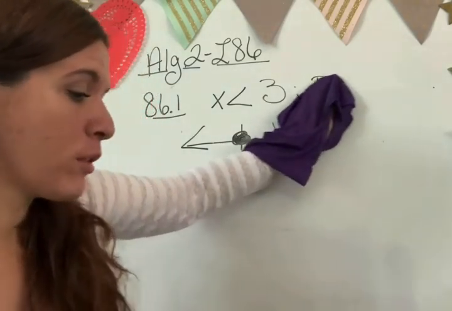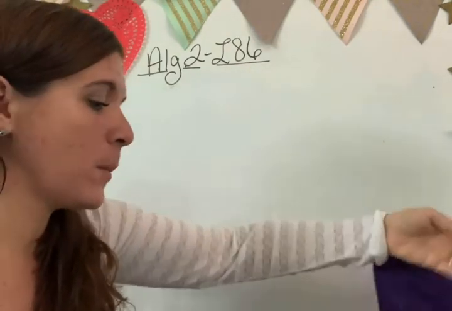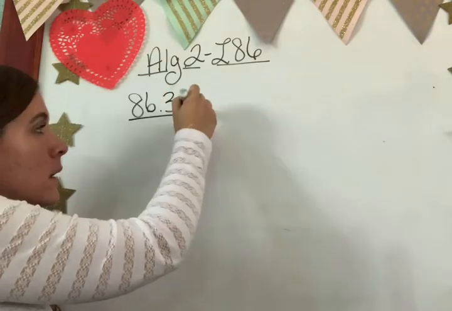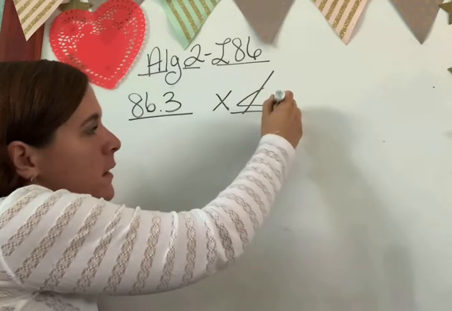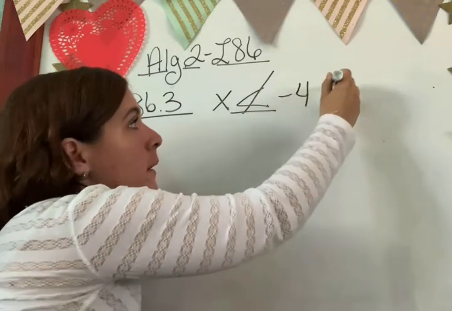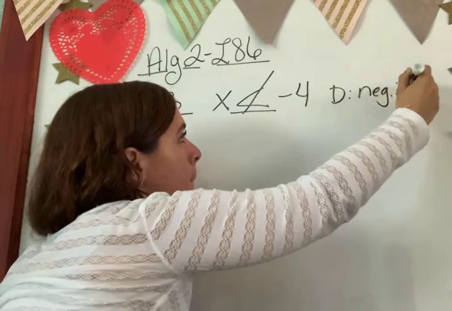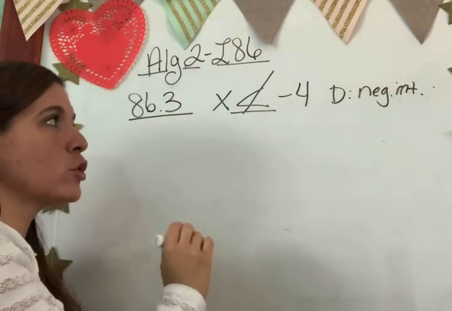Okay, example 3 starts to twist things a little bit. What if you see it like this? x is not less than or equal to -4.